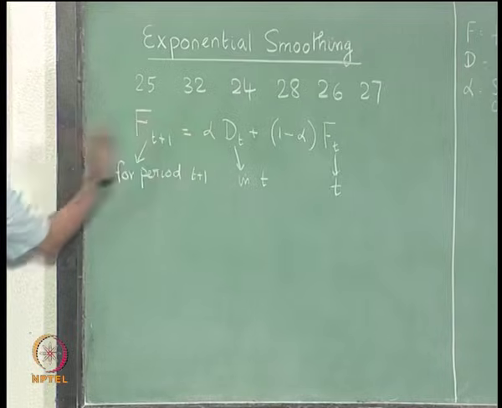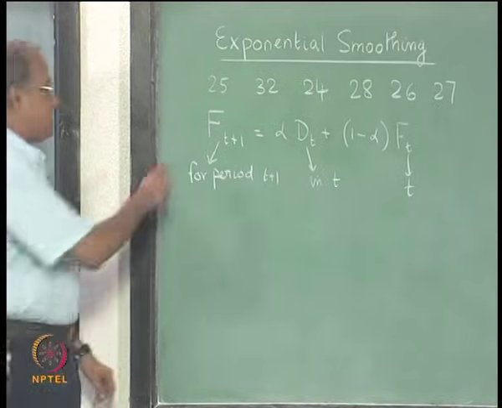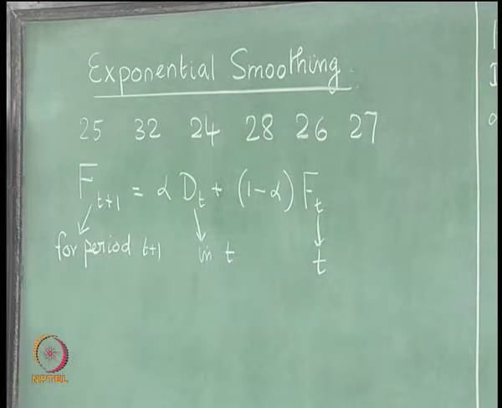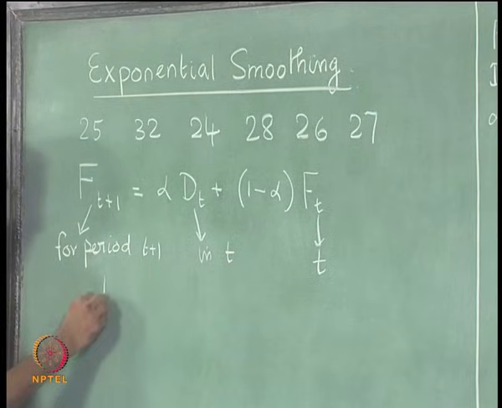Now in this notation, this is D1, D2, D3, D4, D5 and D6. D6 is the most recent demand, D1 is the oldest demand. Since we know the demand for 6 periods up to D6, we are interested in forecasting the demand for the 7th period. So we are interested in finding out F7.